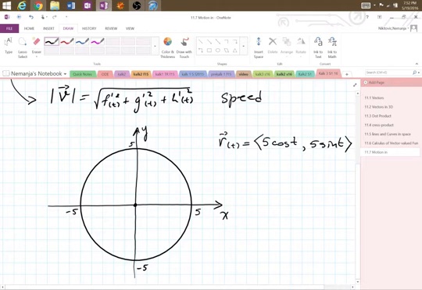The answer is yes. I was just trying to see if anyone is going to answer quickly. We can. It's going to change the direction, the orientation of the curve.